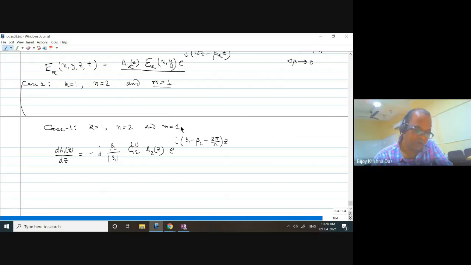Okay. Now, you see, you have beta 1 and beta 2. Right? And here the mode beta 1 is there and beta 1 in the numerator. This beta 1 sign we will consider depending on which direction it is propagating.